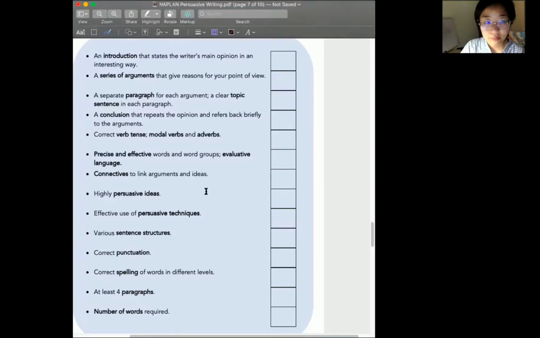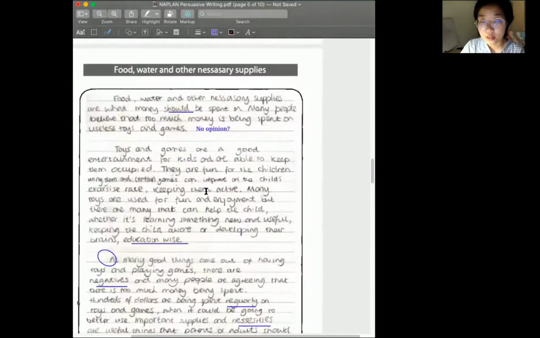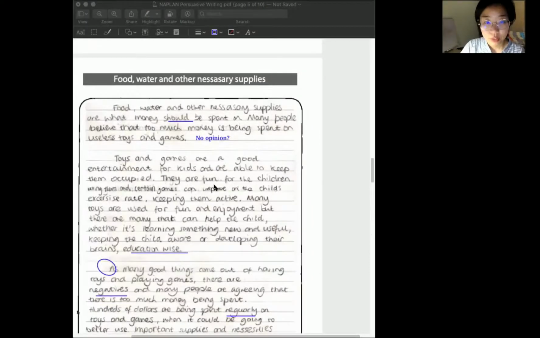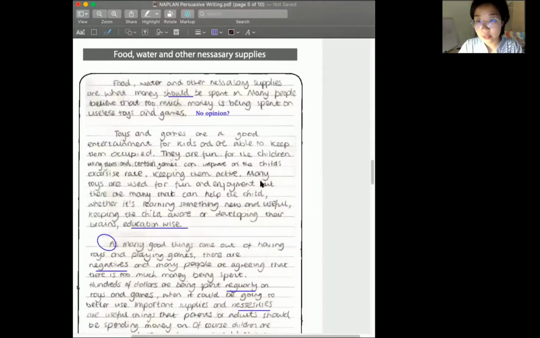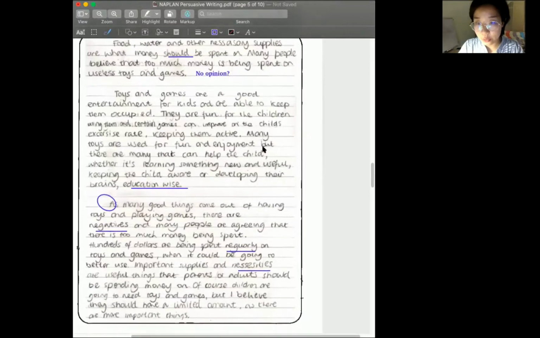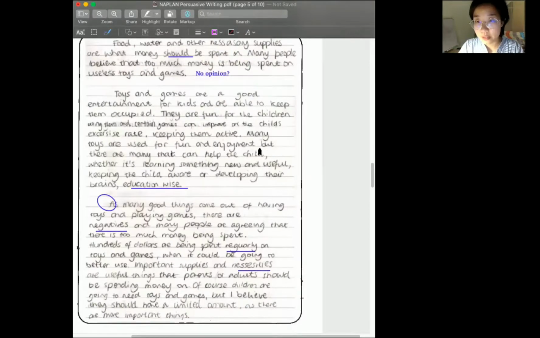And the one I find first is the authority statement. Did you find where it is? For this one, you can find it in the first argument. I will use a different color pen. How about pink?